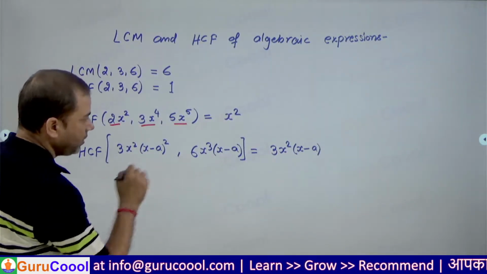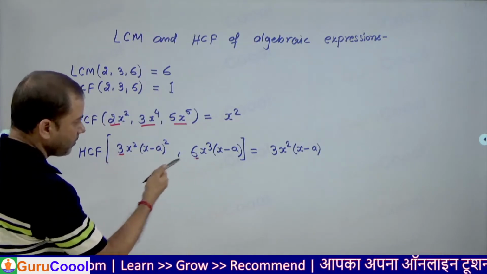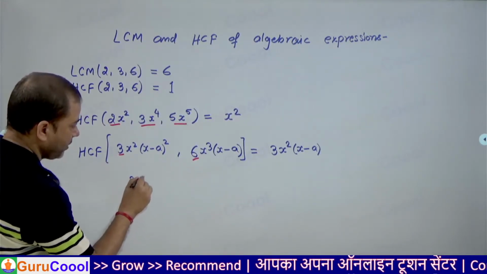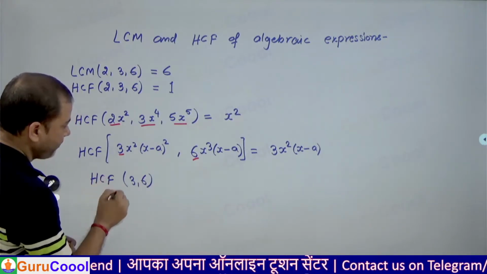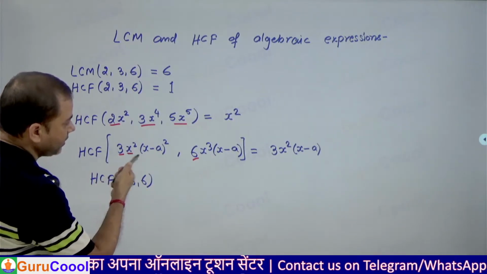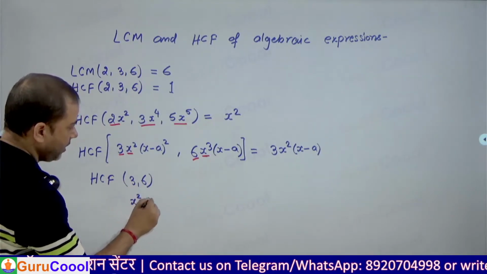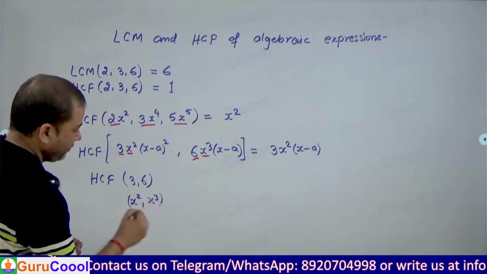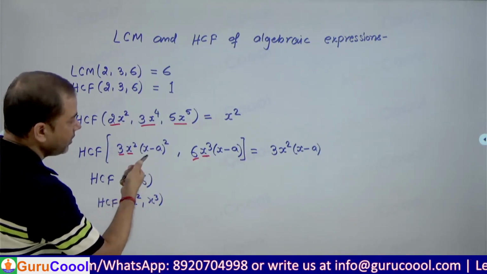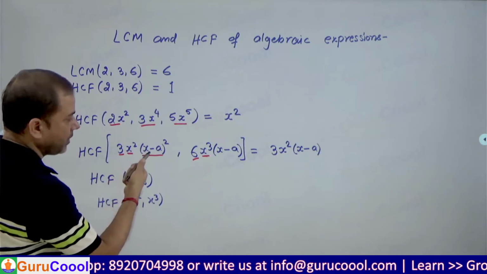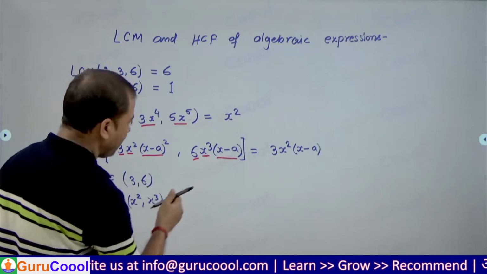Okay, so how do we do it? We take each item separately. First we consider these numbers 3 and 6. We take HCF of numbers. Then we consider x in them, like x square and x cube. We take HCF, and then we consider the next factor x minus a, which is here with power 2 and here with power 1.